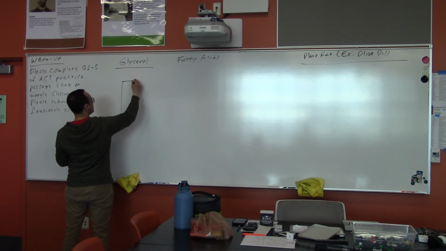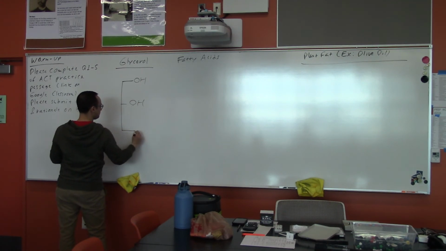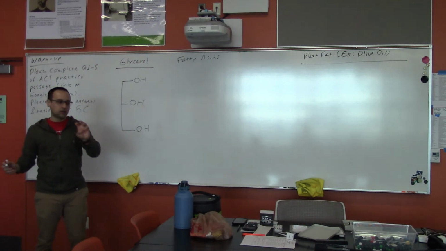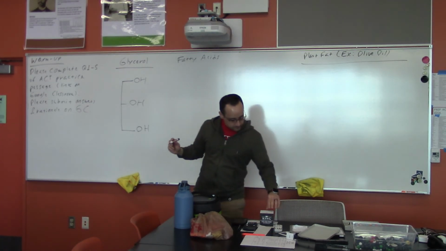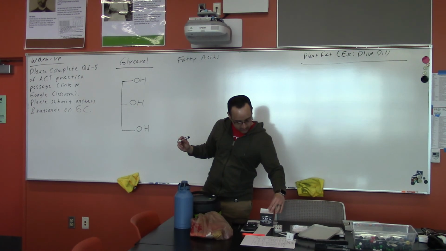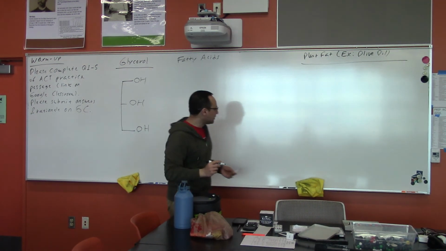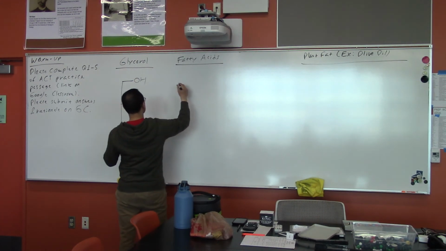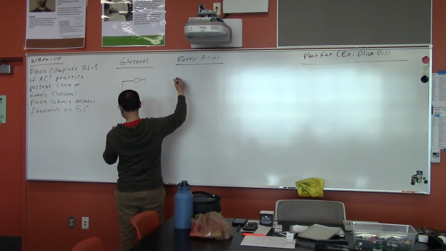So we go OH, OH, OH. Okay, so fatty acids. I'm going to show you 3. I always have these on my little note card because I have to remember exactly how they're drawn. So here are 3 fatty acids, and here's how they look.